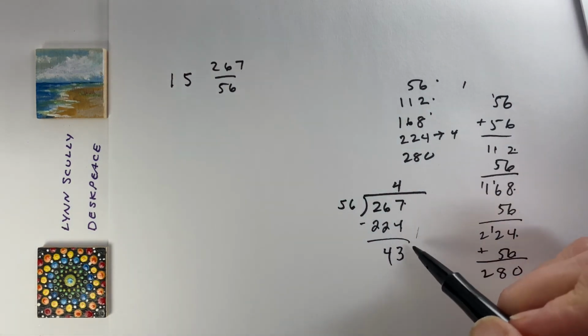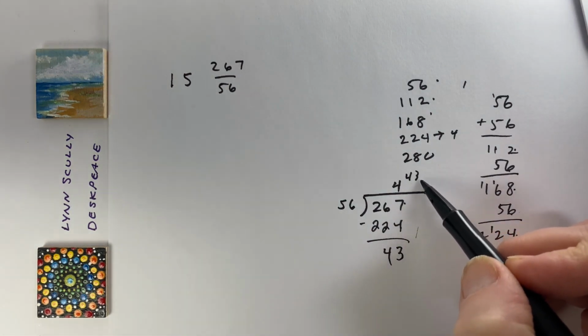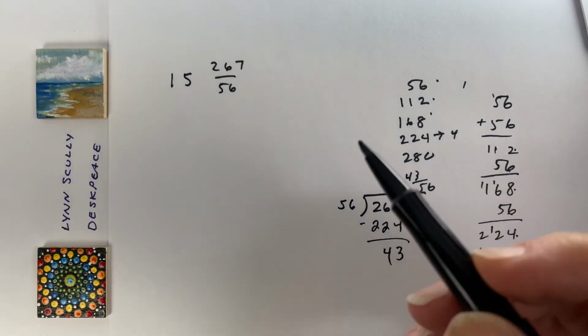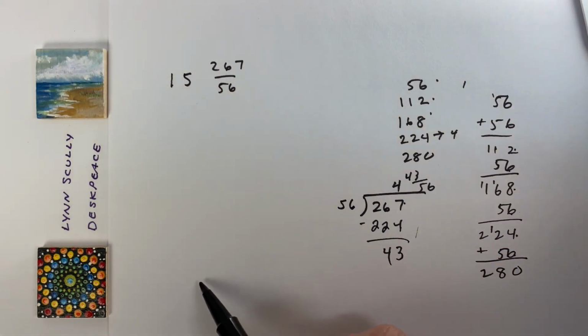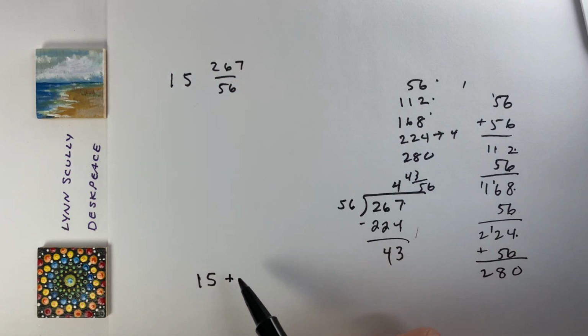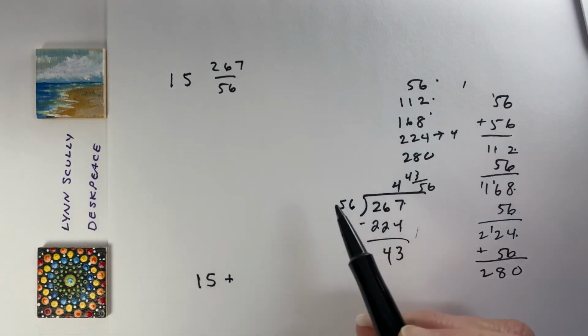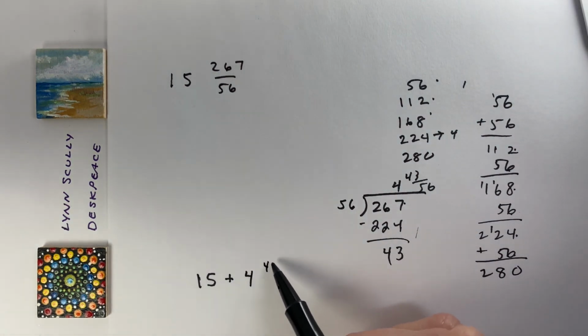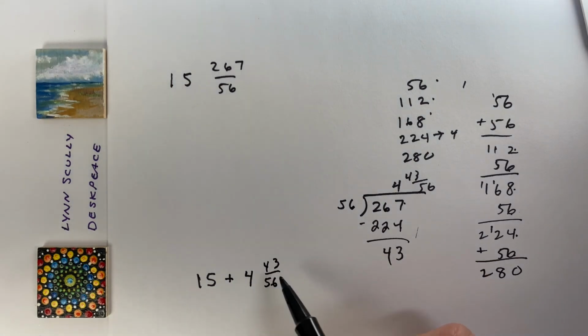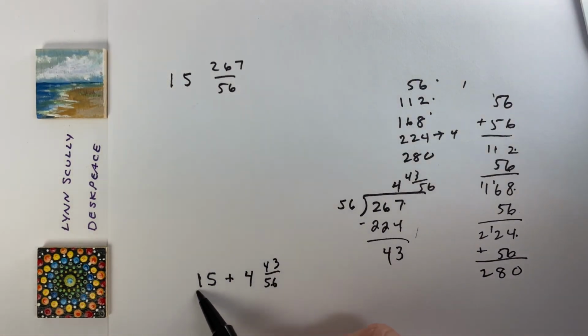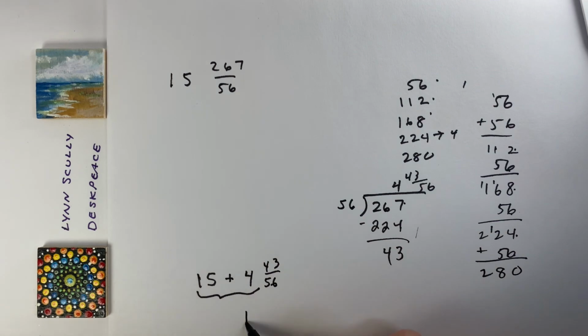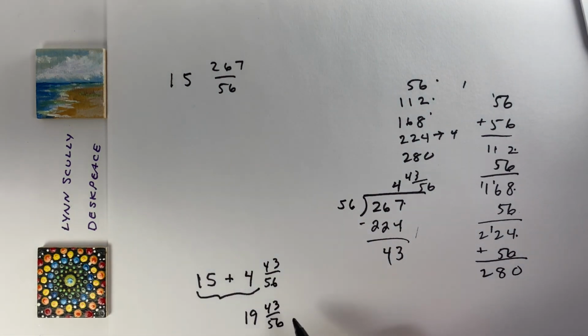So I'm getting a remainder of 43, which I put over my 56. So we're almost done. I have 15 plus 4 and 43 56ths, which is going to give me, when the whole numbers add, 19 and 43 56ths.